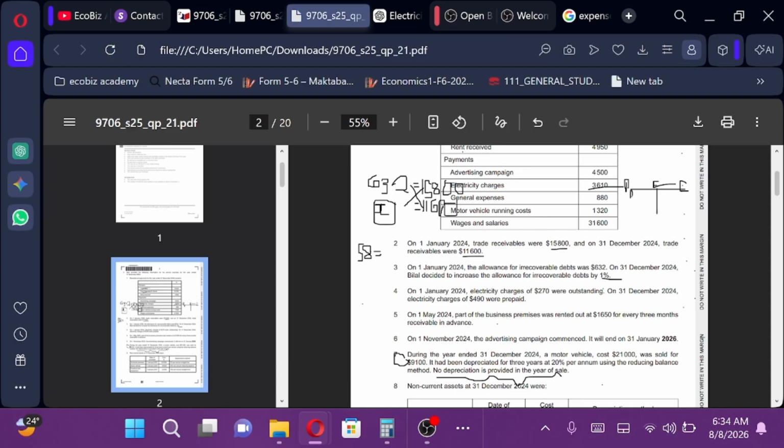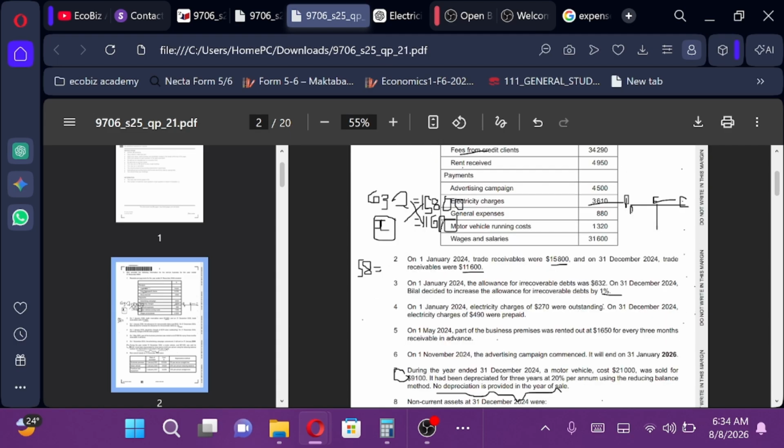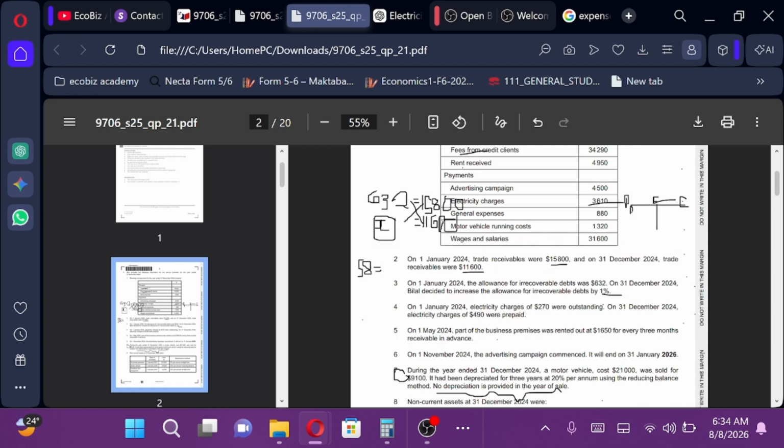But we need to notice that it says here, note 3: on 1st of January 2024, the allowance for irrecoverable debt was 6,632. On 31st of December 2024, Bilal decided to increase the allowance by 1%. So, let's do this.